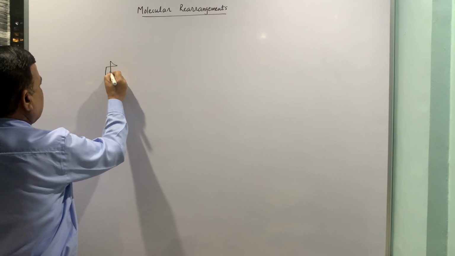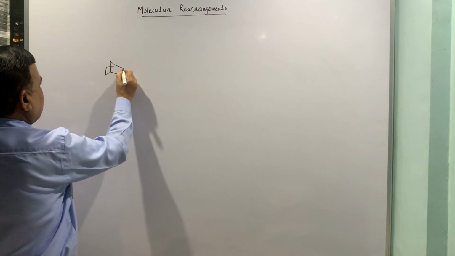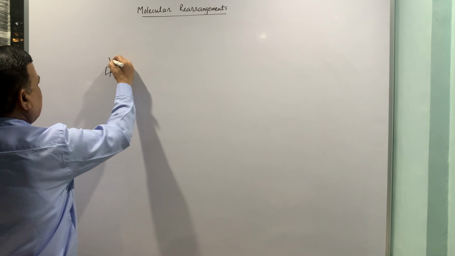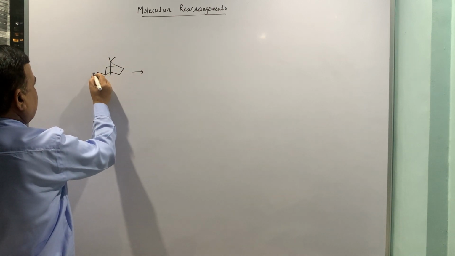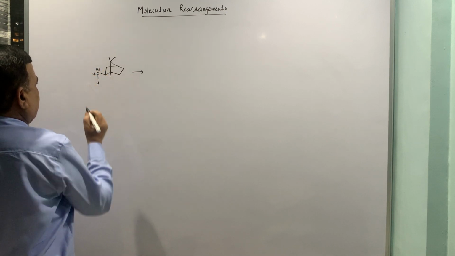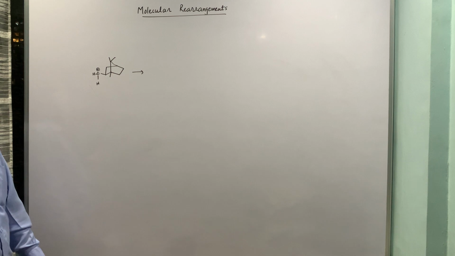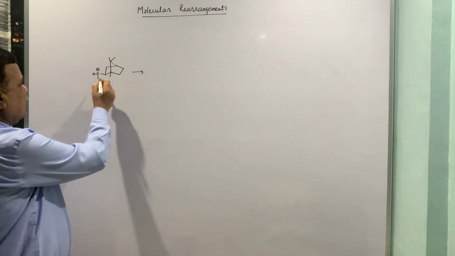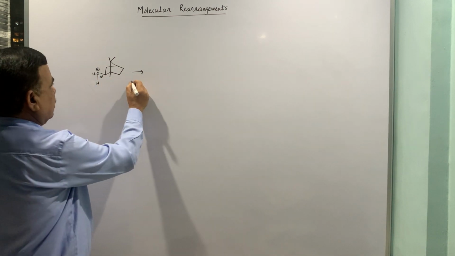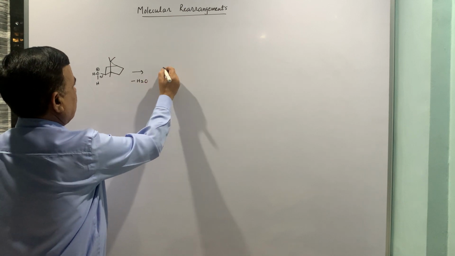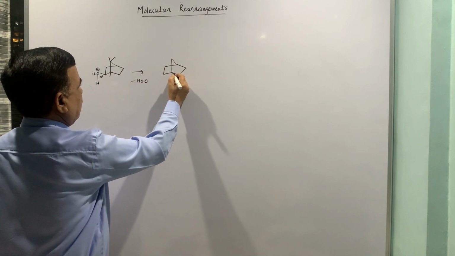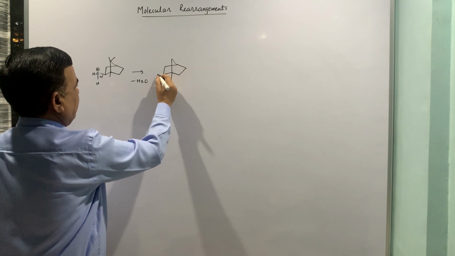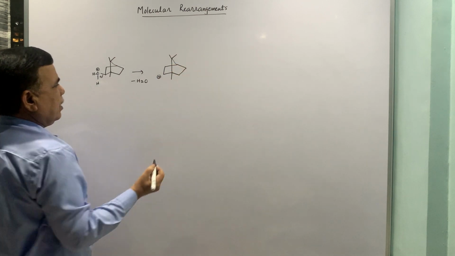The first one is the Wagner-Meerwein rearrangement. So first of all, protonation of hydroxyl group gives you this, then loss of water occurs, and what you have is this carbonium ion.